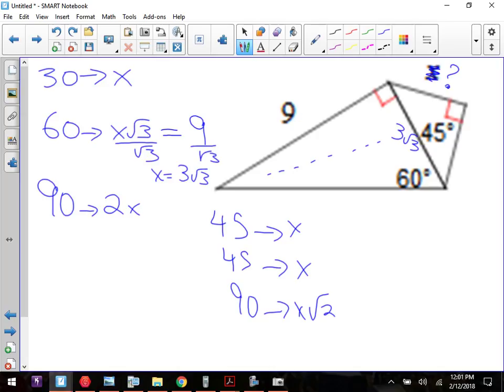It's now across from a 90 in a 45, 45, 90. So that means that something times the square root of 2 equaled 3 root 3. Which means, what do you do to solve for x? Yeah, divide by the square root of 2.